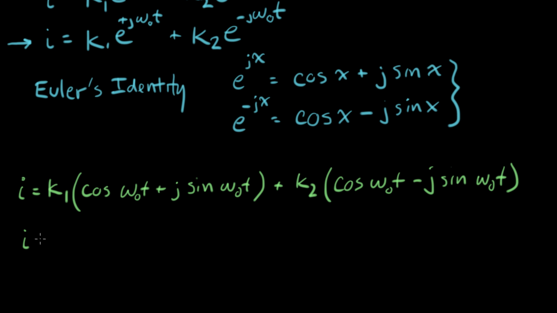So I equals cosine omega naught t, and cosine is multiplied by k1 plus k2. Now let's add to that.